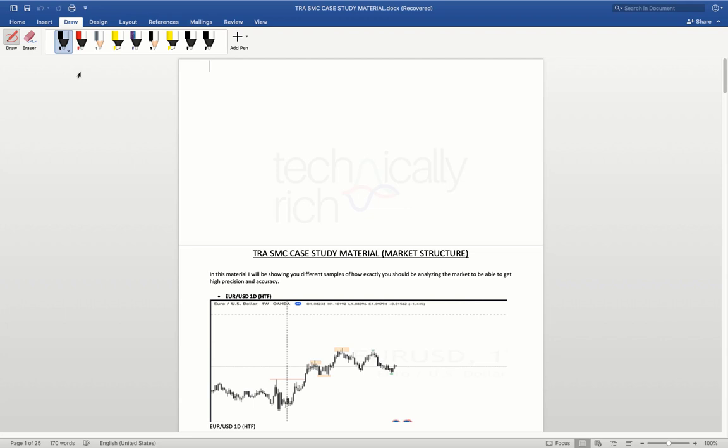Okay, so for example, let's say our higher time frame is this. We have a bearish trend. Let's say this is the daily time frame. Now you're going to have the 4 hour time frame or 1 hour time frame having something like this.